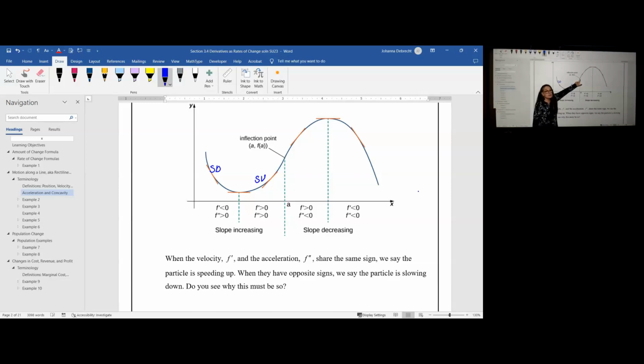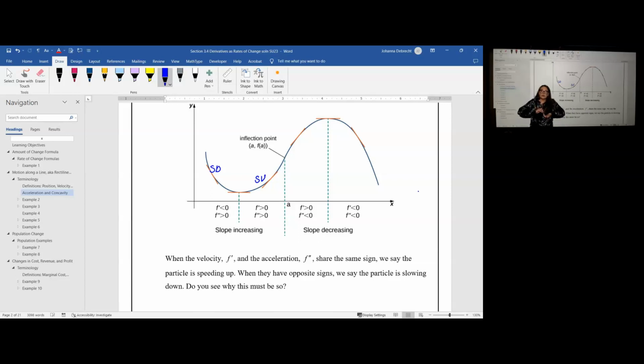Notice what happens at the inflection point. At the inflection point, watch my hand as it moves across and tell me what's happening to the slant of the tangent line right at the inflection point. You got it. The inflection point is where the tangent line is the steepest, whether it's uphill or downhill.